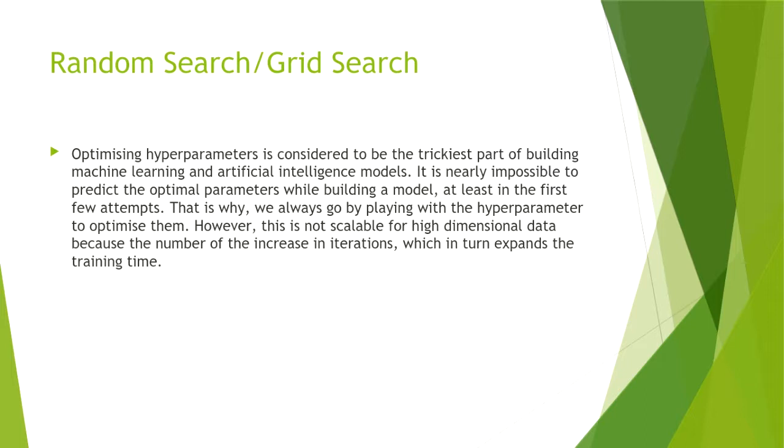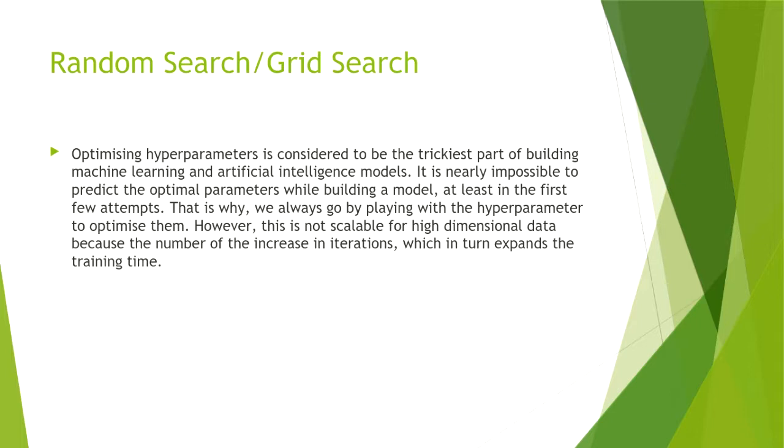Okay, so as you already know, we were talking about optimization, right? And in optimization, if you can recall your first assignment also, we are trying to optimize our parameters and hyperparameters, both.